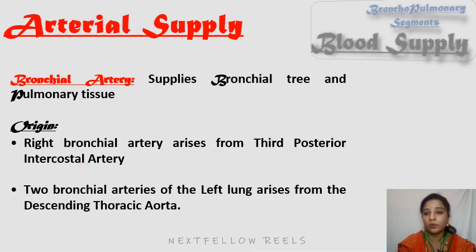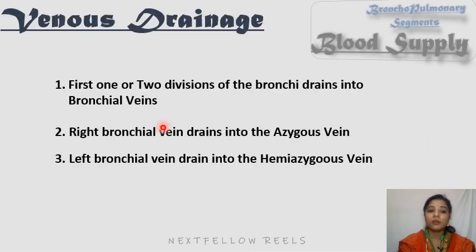These things are to be noted. For venous drainage, the first and second divisions of the bronchi drain into bronchial veins. The right bronchial vein drains into the azygos, and the left bronchial veins drain into the hemiazygos.